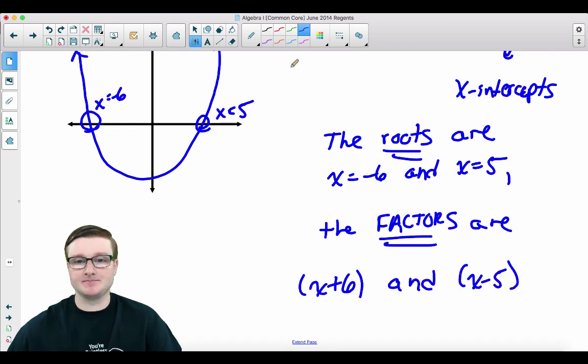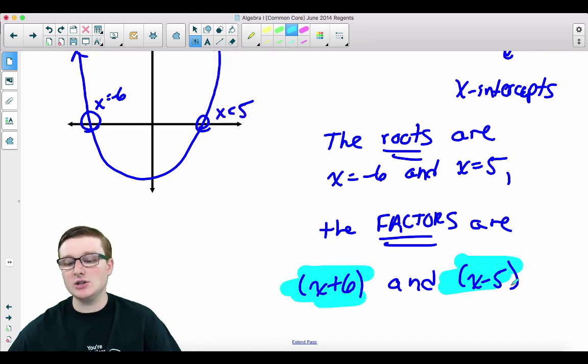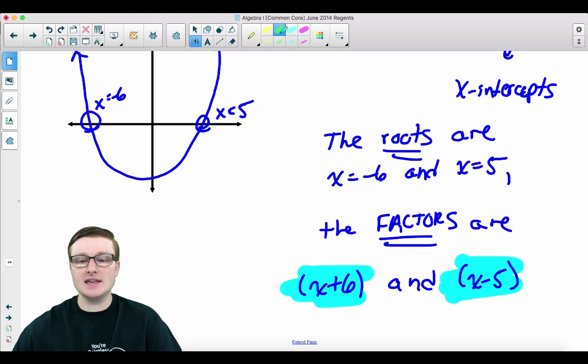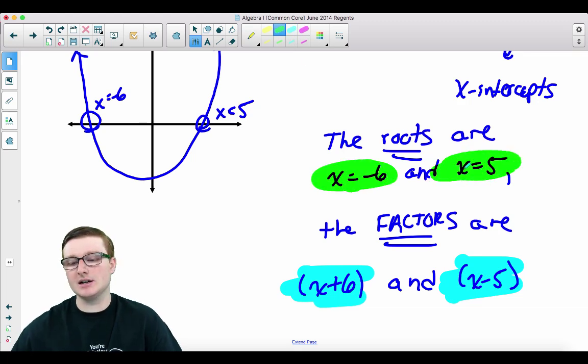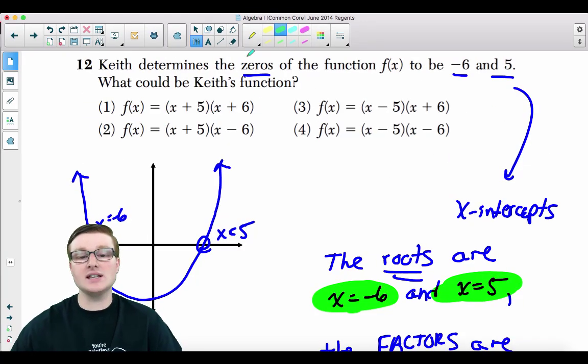And here's the reason. If you take the factors and you set them equal to 0, they give you these roots up here. So your factors are always the opposite values of what the 0 is.